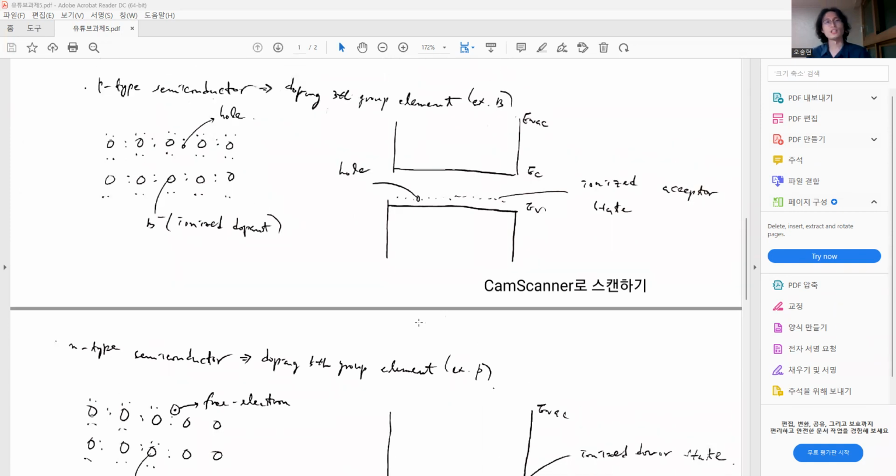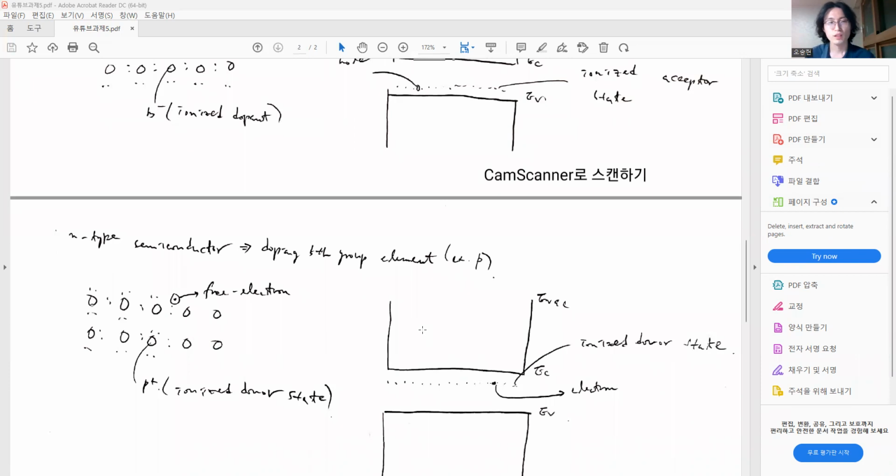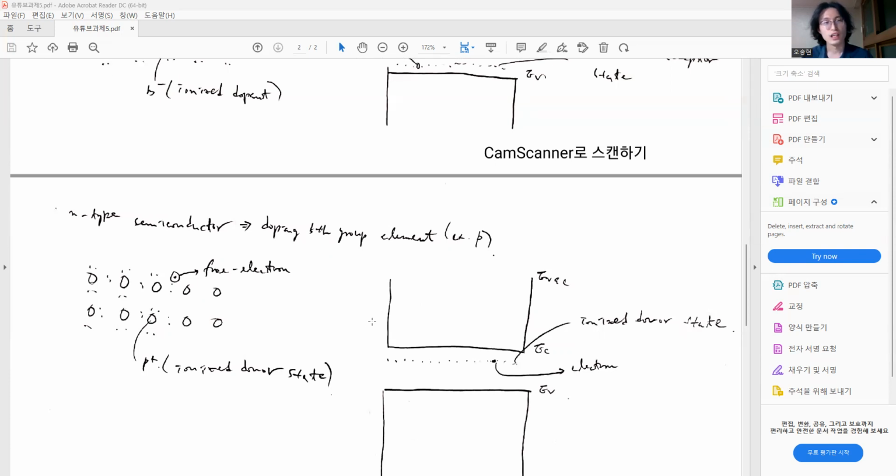And also there is the n-type semiconductor, in which the fifth group element, especially phosphorus, is doped to the intrinsic semiconductor. So the phosphorus is ionized to the plus ion because there is the remainder of one electron.